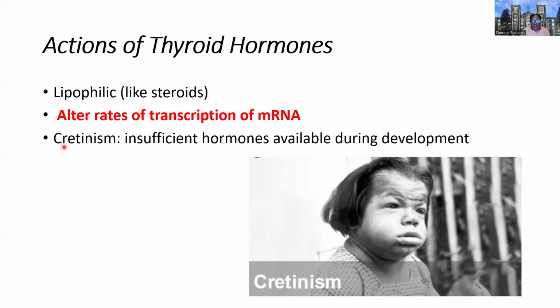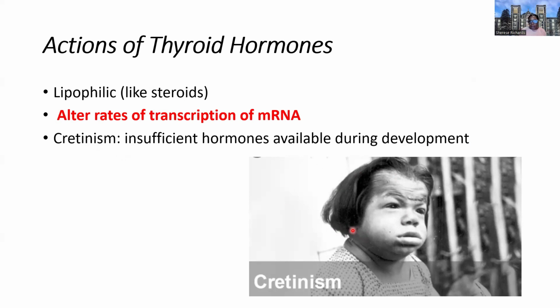If we have inadequate amounts during development, during fetal development, this results in cretinism. This is indicating how crucial thyroid hormone is to fetal development. If in pregnancy, mom does not have adequate amount of iodine in her diet, if she does not make adequate amounts of thyroid hormone, then there can be cognitive deficits with the fetus, there can be developmental deficits, and this is because of the tissues in the developing fetus that are highly metabolically active, the brain, the bones, the muscles.